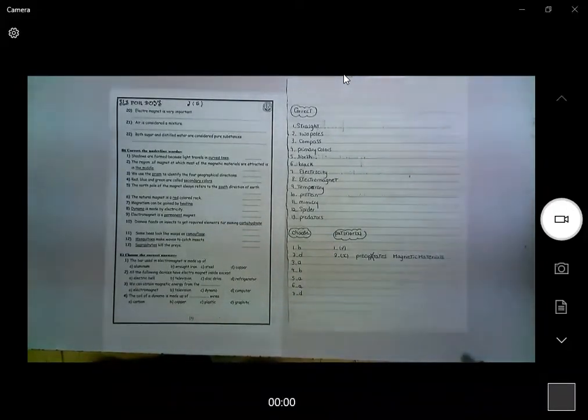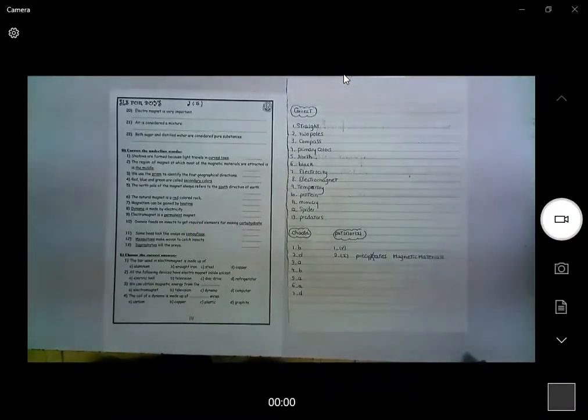Choose the correct answer. 1. The bar used in electromagnet is made up of A, aluminium, B, wrought iron, C, steel, D, copper. So the correct answer is wrought iron. 2. All the following devices have electromagnet inside them, except A, electric bell, B, television, C, disk drive, D, refrigerator.